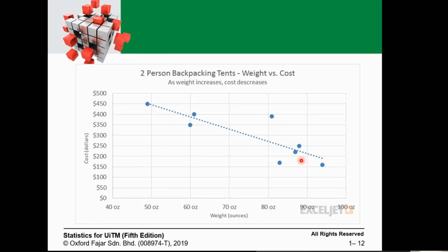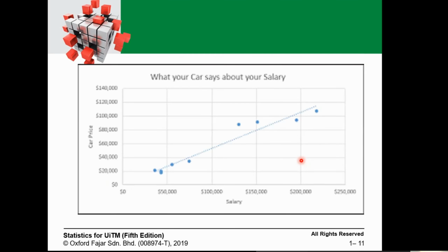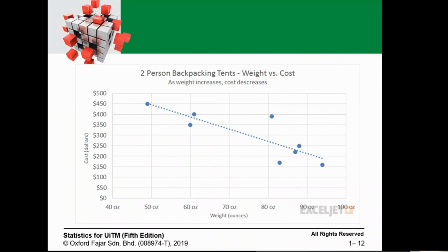So yes, there is a correlation between those two variables, but we call it a negative correlation. So in this graph, we can say we have a positive correlation. And in this graph, we can call it a negative correlation.